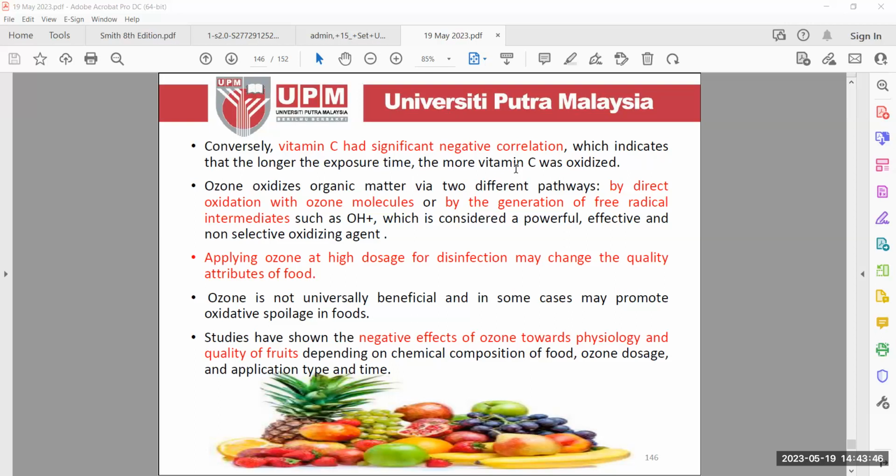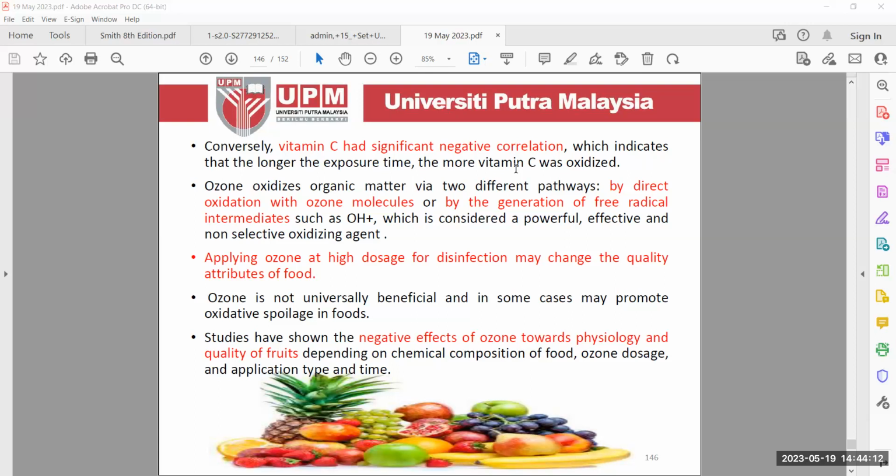Yesterday, I attended a talk by a professor in Thailand. He did a lot of research using ozone. One of the research was on longan, or mata kucing. The use of ozone here is only to fumigate, to replace the usage of sulfur dioxide previously.